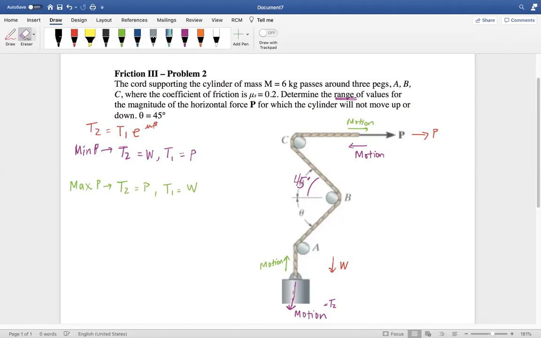Which one is going in the direction of the motion? So you have weight going down, or the movement going down and the weight going down, or you have the movement going to the left and the P going to the right. So which one is going in the direction of the force that we're looking at?